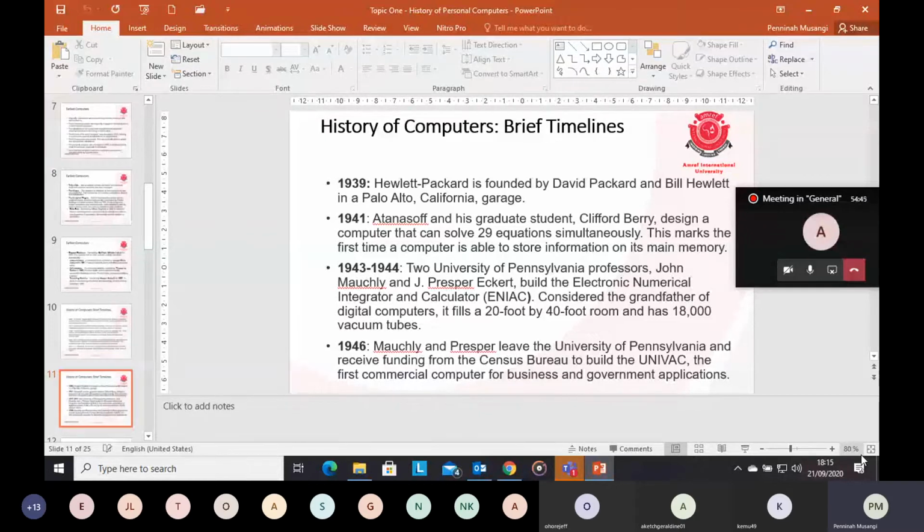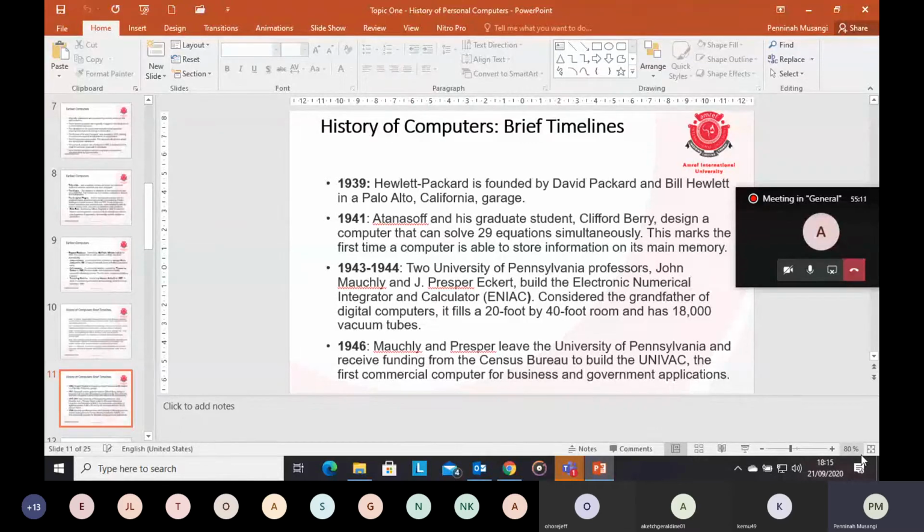But we can say that ENIAC can be considered the grandfather of digital computers. What we have seen previously were mechanical computers, but now ENIAC ushered in the era of a computer being digital, not analog. This computer, ENIAC, was very huge.